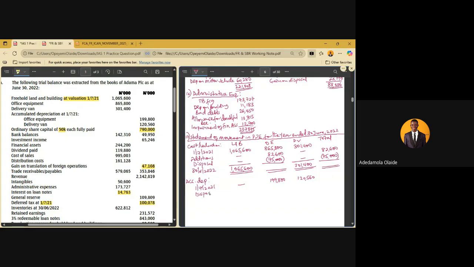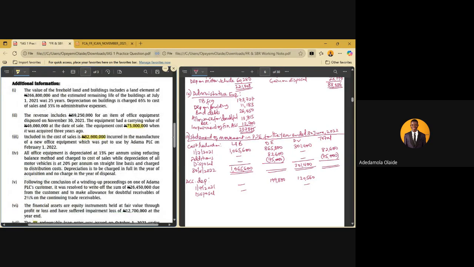Disposal. What is the carrying amount of the asset disposed? What is the accumulated depreciation? To be 75,000 minus the 46,060. 28,940.